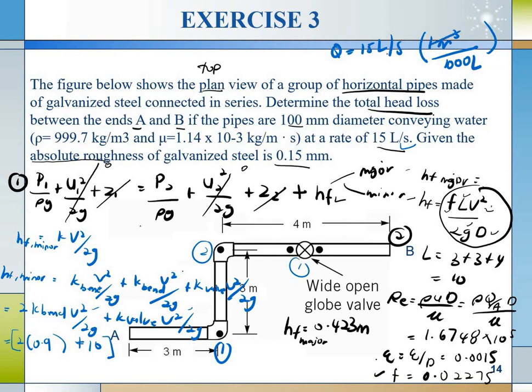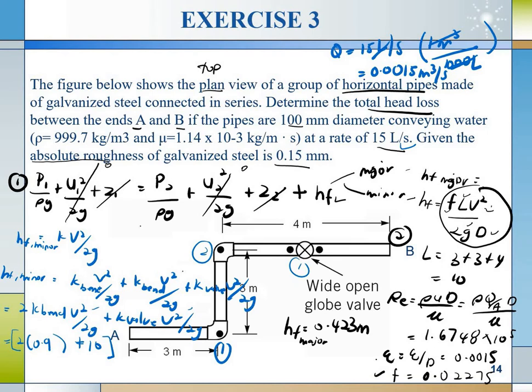Sorry, I got confused. So cancel it out here in here. So we have meter cube per second. So we become 0.0015.